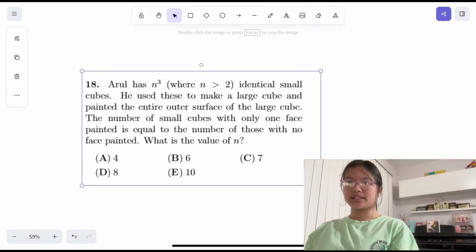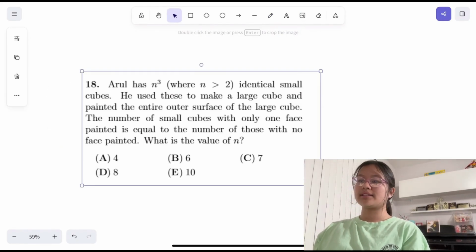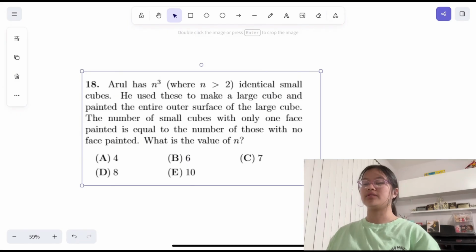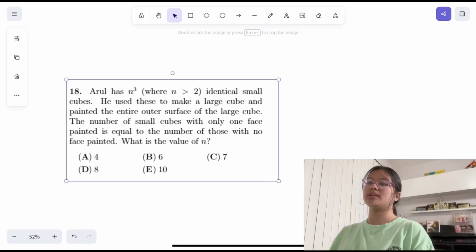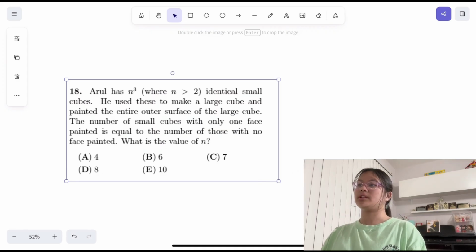Okay, number 18. A rule has n to the power of 3, where n is greater than 2, identical small cubes. He used these to make a large cube and painted the entire outer surface of the large cube. The number of small cubes with only 1 face painted is equal to the number of those with no face painted. What is the value of n?